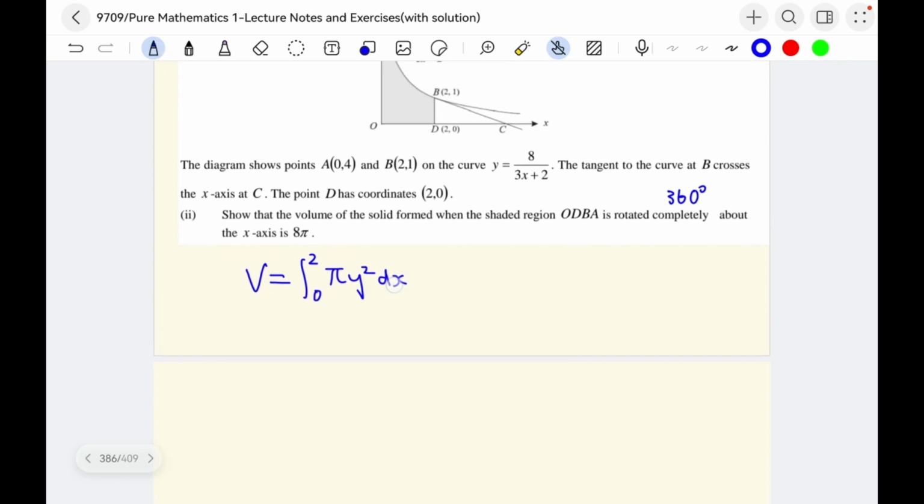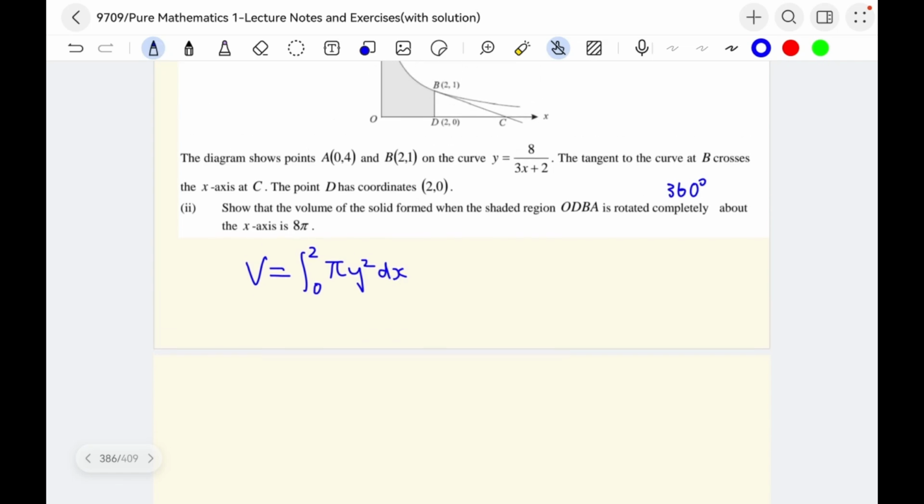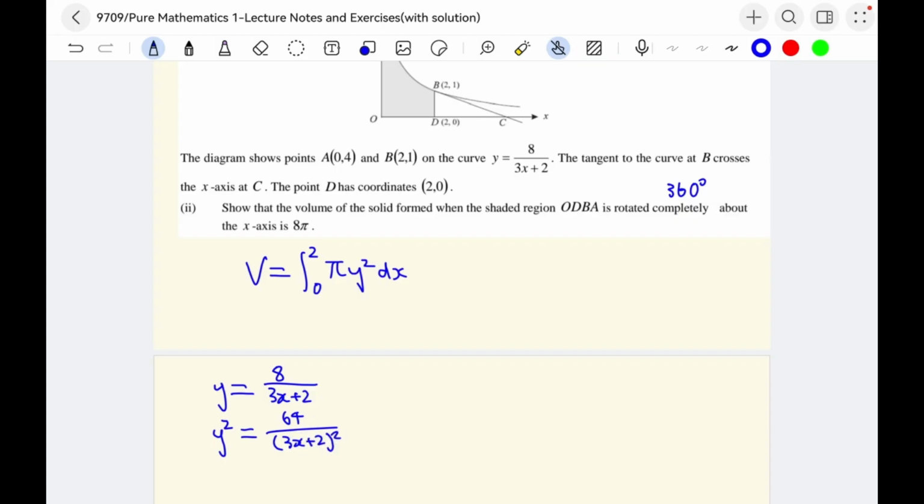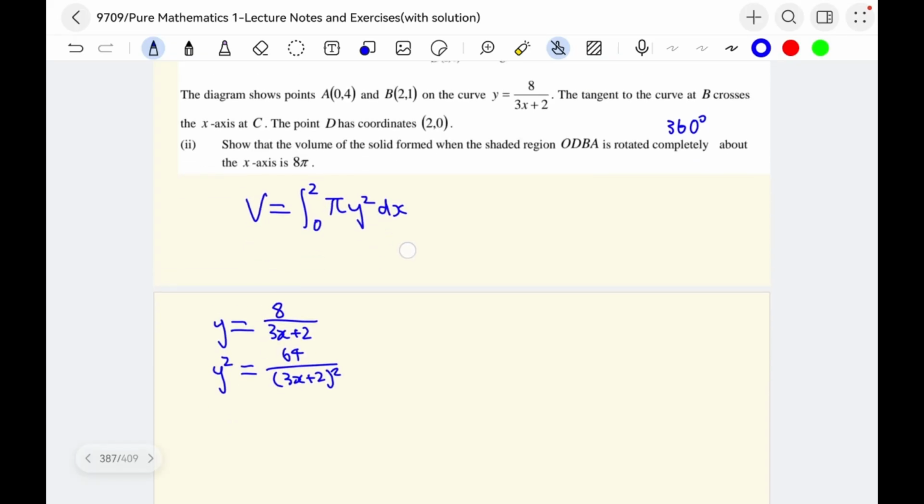Now we are looking for y squared. Of course, we have y equals 8 over 3x plus 2. Squaring both sides, we will get 64 over (3x plus 2) squared. Just leave it as it is, to avoid confusion. Alright, and now substitute inside the volume formula.